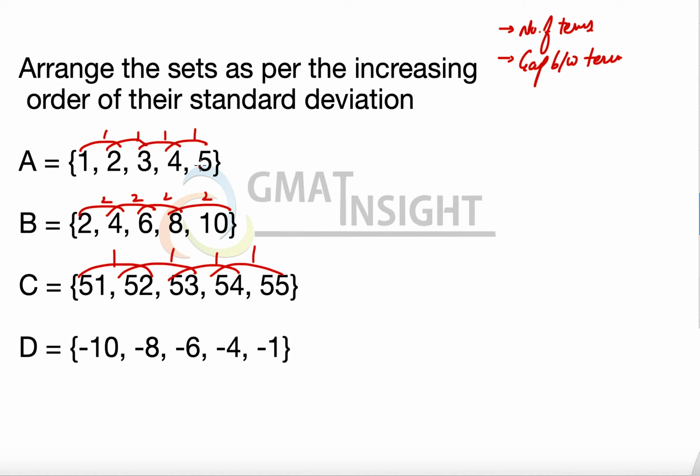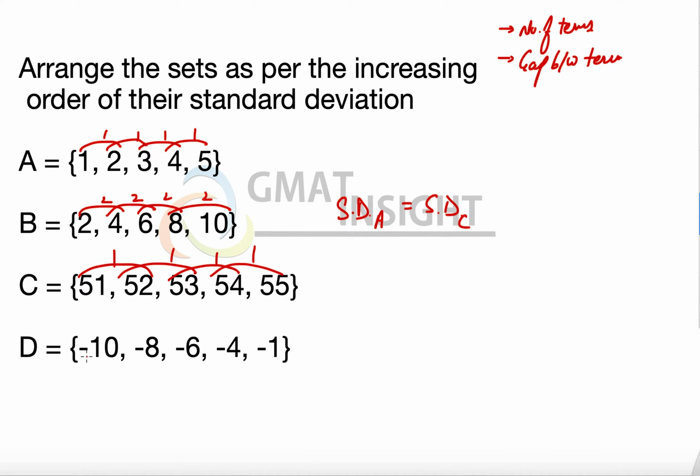But what happens when you compare the set A with set C? Both of them have 5 terms and both of them have separation 1 at each place. That means the standard deviation of set A will be exactly the same as the standard deviation of set C.